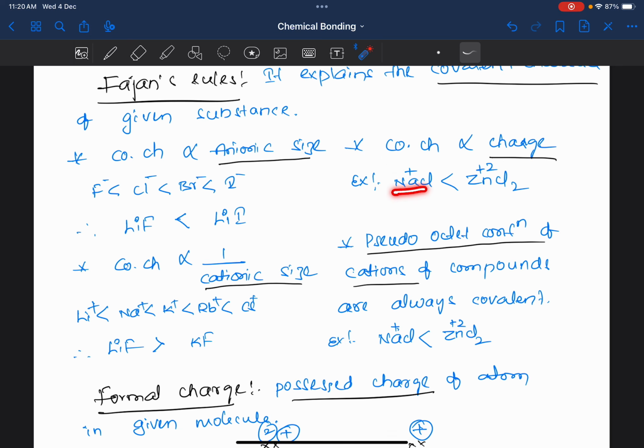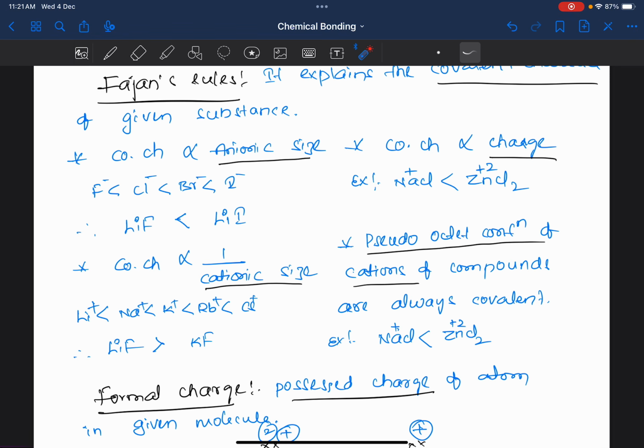Sodium has +1 charge, but zinc has +2 charge. On increasing charge, either on cation or anion, covalent character increases. Therefore zinc chloride is more covalent than sodium chloride.